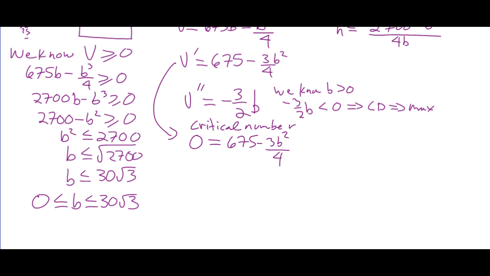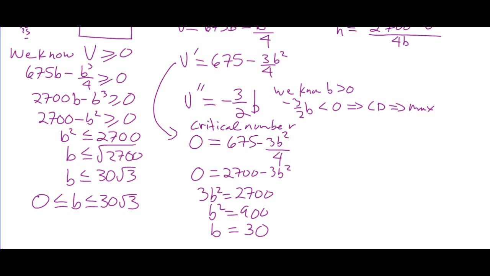Multiply through by 4. 2,700 minus 3b squared. 3b squared is 2,700, b squared is 900, and b is equal to 30, right? It's really plus or minus 30, but we're rejecting a negative. We know that b has to be positive. But we can write that in, sure, plus or minus 30.